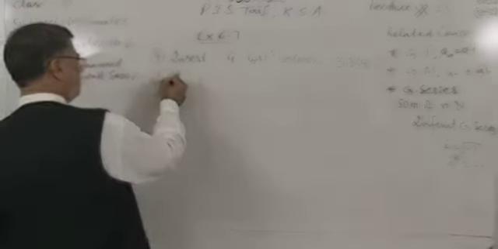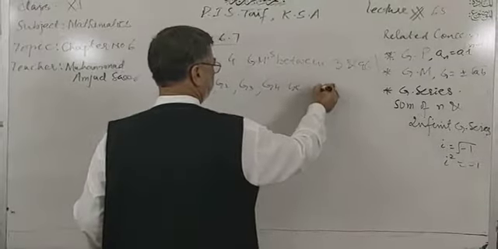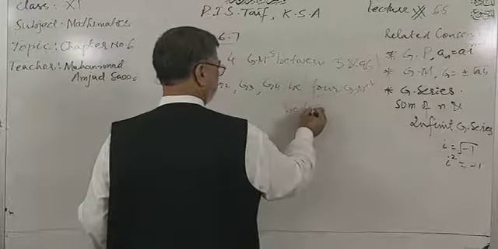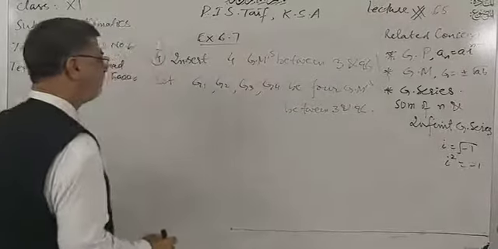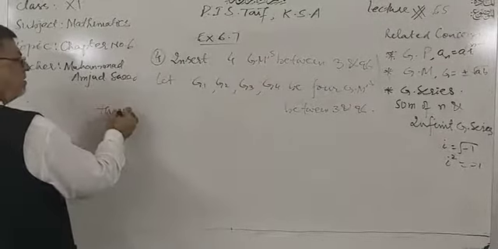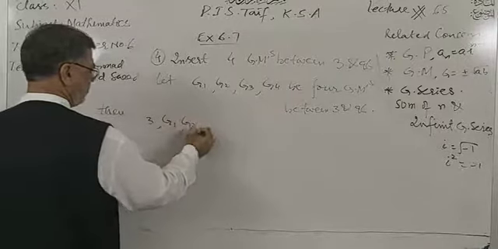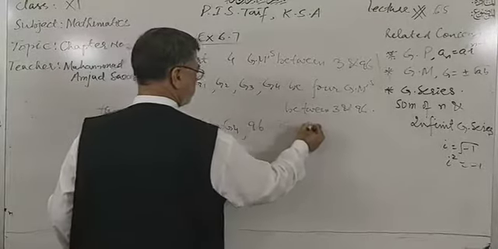Let G1, G2, G3, G4 be 4 geometric means between 3 and 96, then 3, G1, G2, G3, G4, 96 is a GP.